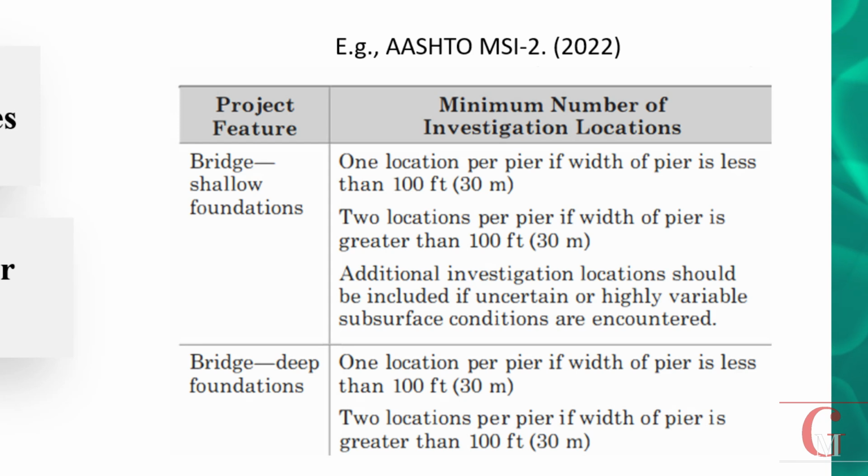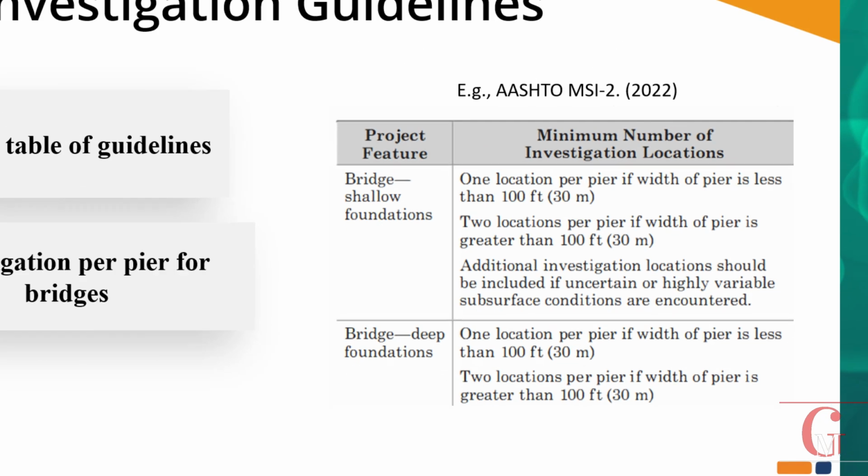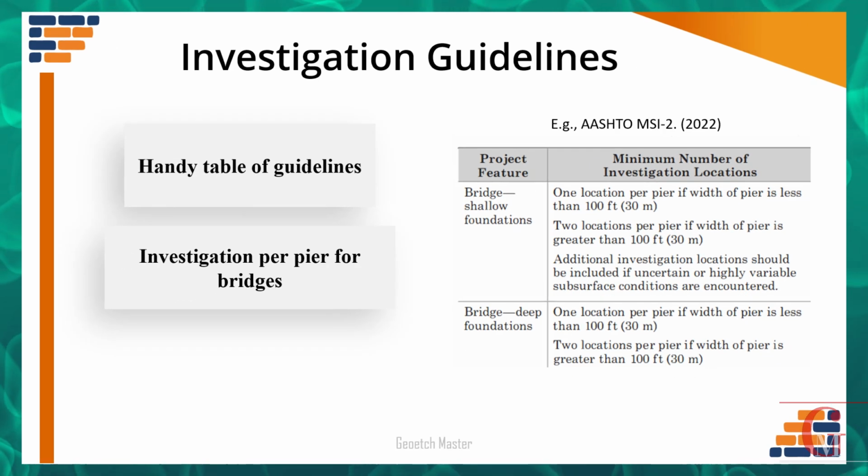We also need to consider minimum depths for different project features and subsurface conditions, which we will discuss in our next video. Remember, these tables can guide us on the minimum number and depth of our investigations for various features, such as bridges, retaining walls, roadway cuts, and embankments.